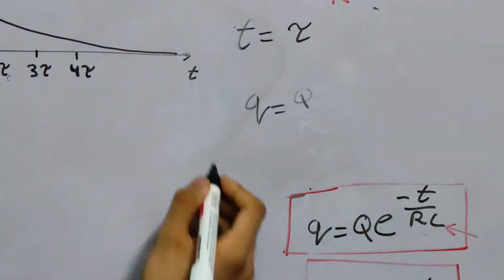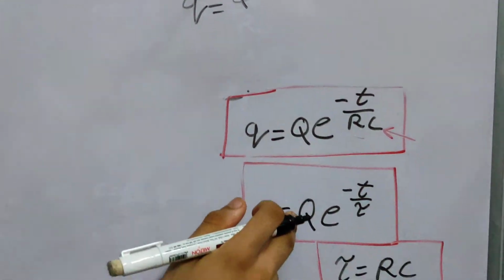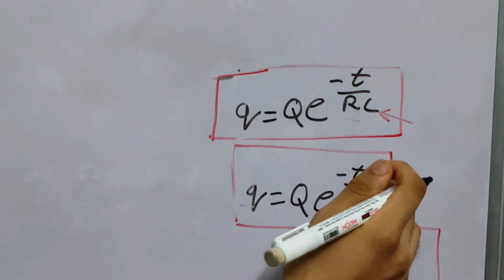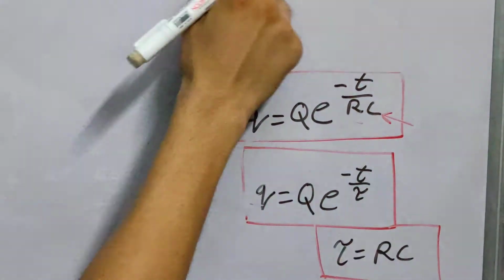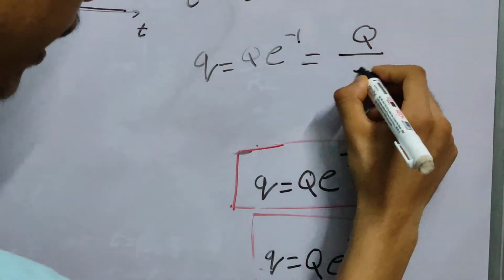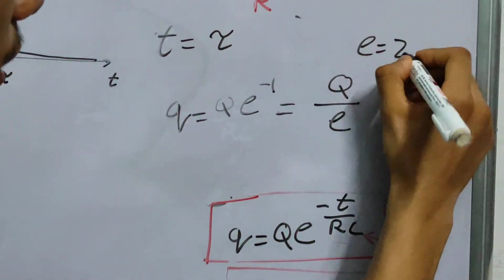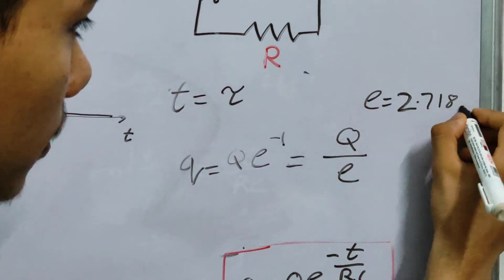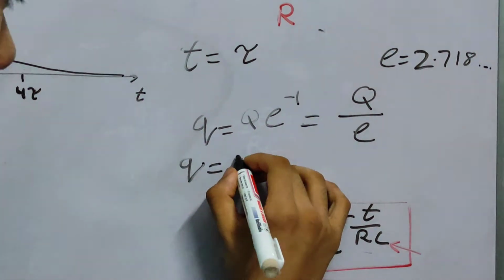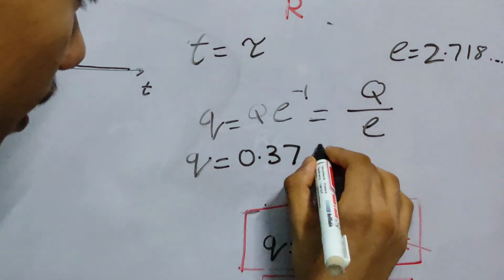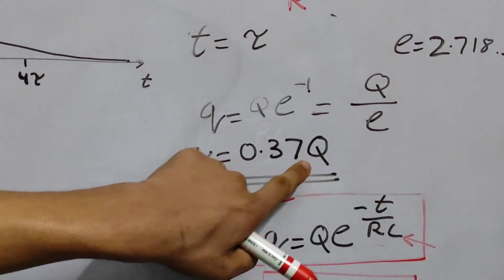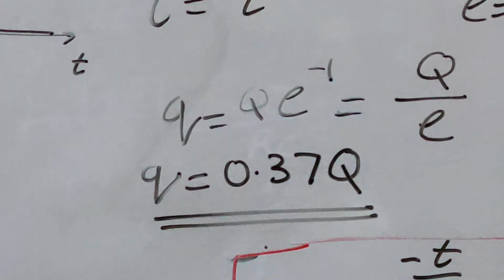From this we get q is initial capital Q times e to the power minus t by tau, but they both are equal, so it's e to the power minus 1, which is Q by e, and e is 2.718. Substituting this, we get q is 0.37 Q. That's how much charge remains on the capacitor after 1 time constant.